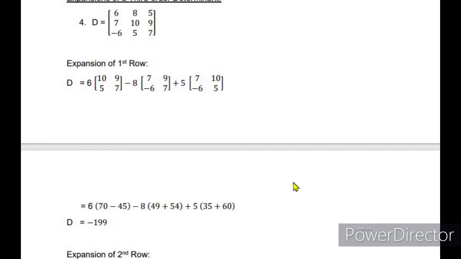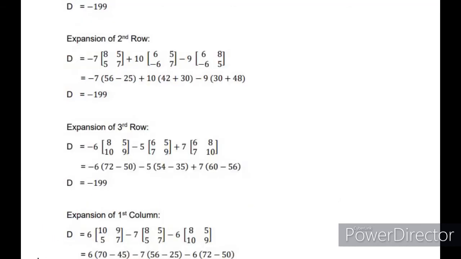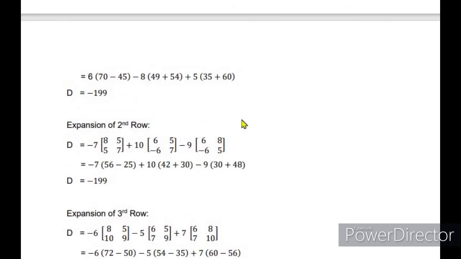So it is called the expansion of the third order determinant. Next, for the second row and the expansion of the third row, it will be the same, whichever you use as your reference.